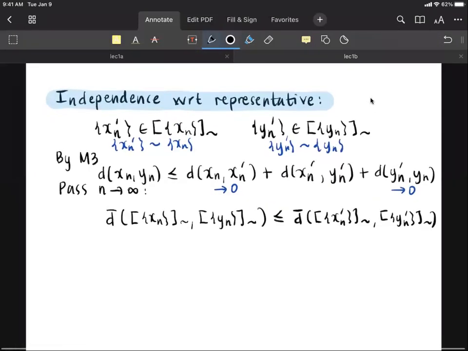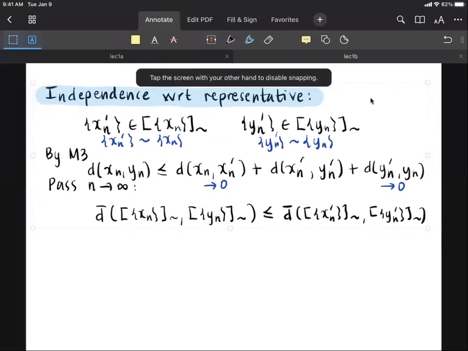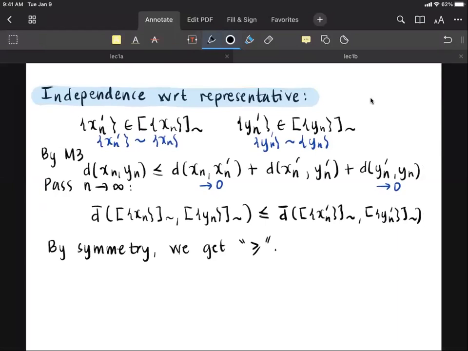Now we do the same trick by symmetry of the argument. We get the other inequality. In other words, you put a prime on the left-hand side, and on the right-hand side, you introduce the intermediate points xn and yn.